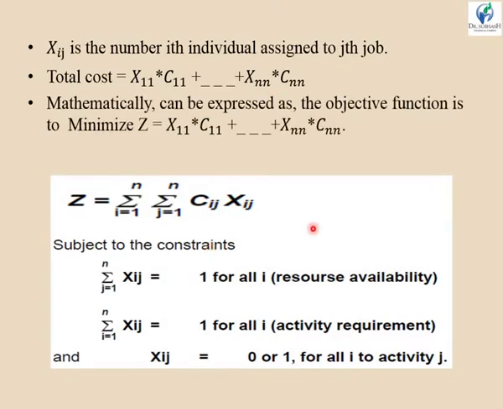Next, mathematically it can be expressed as the objective function. Here the main objective is to minimize the total time of machining or cost. In the case of profit, our objective will be to maximize the profit, because every businessman wants to increase their profit.